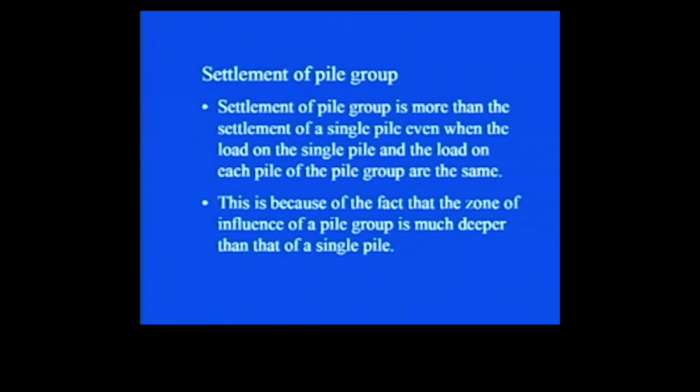See, when it is in a group, obviously when the load is coming, it forms a larger bulb of the influence zone as compared to a single pile. So, that is why you get more settlement of the pile group, because when the load comes from the superstructure, more soil strata is involved and that soil strata is causing settlement.